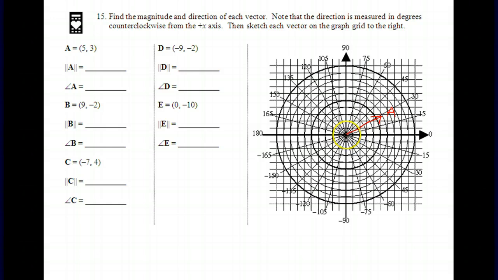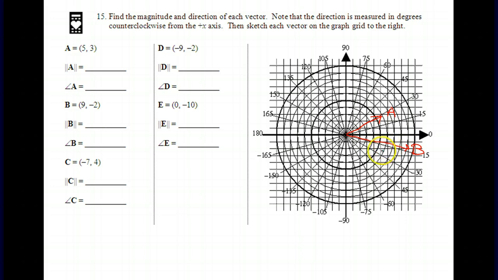So 9, 4, 5, 6, 7, 8, 9, negative 2. Okay, and this is easier to do if you have a straight edge. So there we have B.